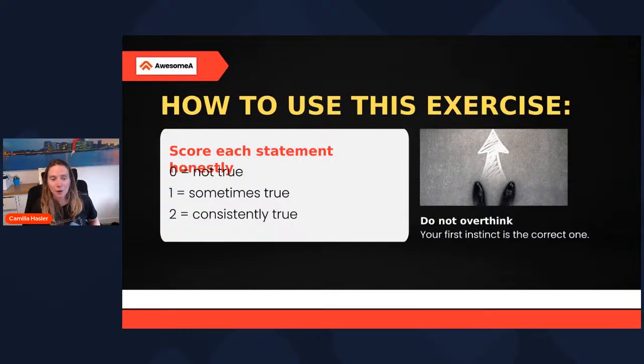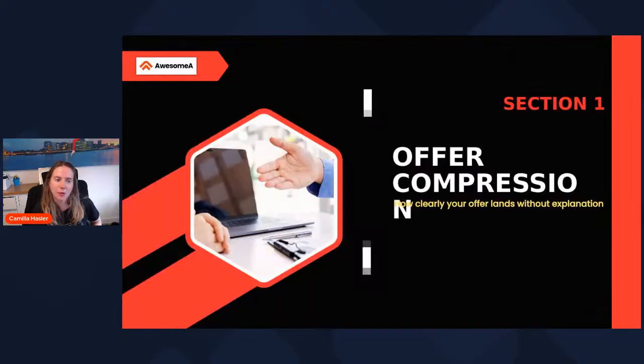So again, we're looking to assess your current pitch and the current status. What is important to note is how your offer lands. If you want your offer to land well, what is important when you're pitching? Well, number one, when you are pitching, you often get nervous.